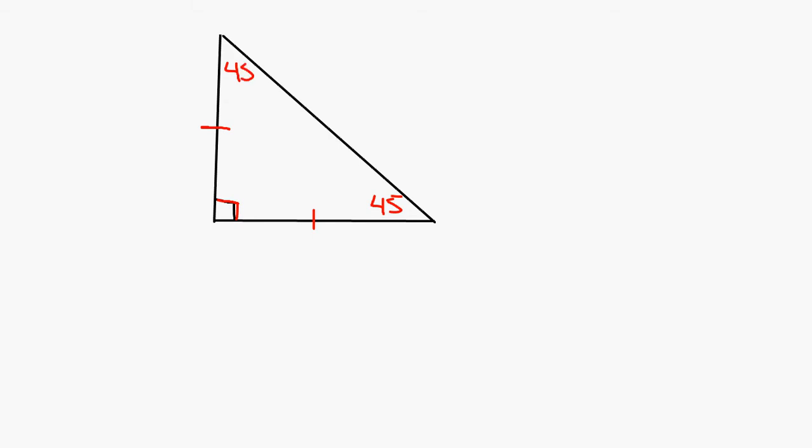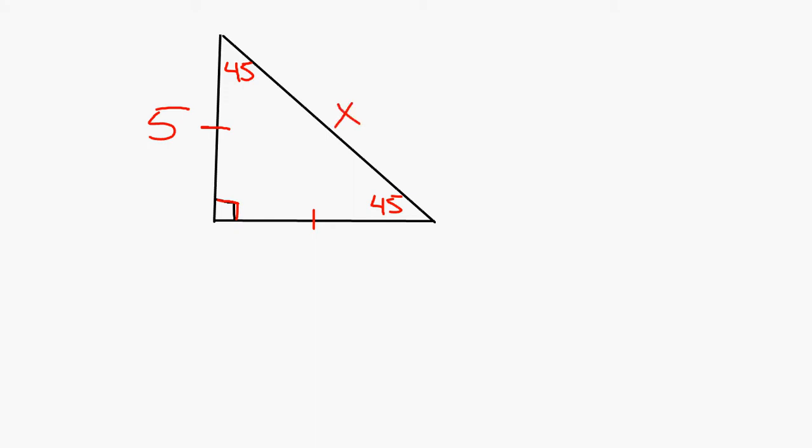Because it's an isosceles right triangle. If two legs are congruent, then the angles opposite those legs are congruent. And vice versa.